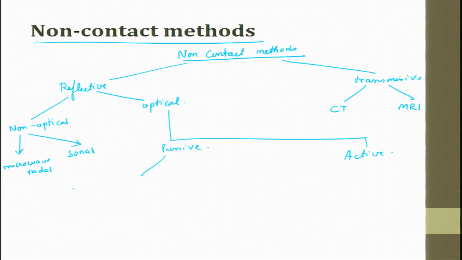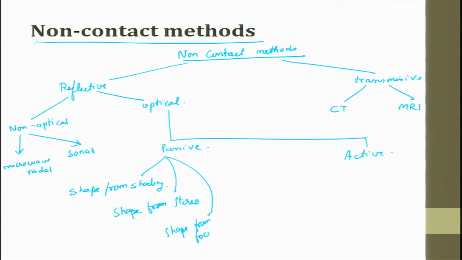In passive, you can have shape from shading, shape from stereo, shape from focus, and shape from motion.